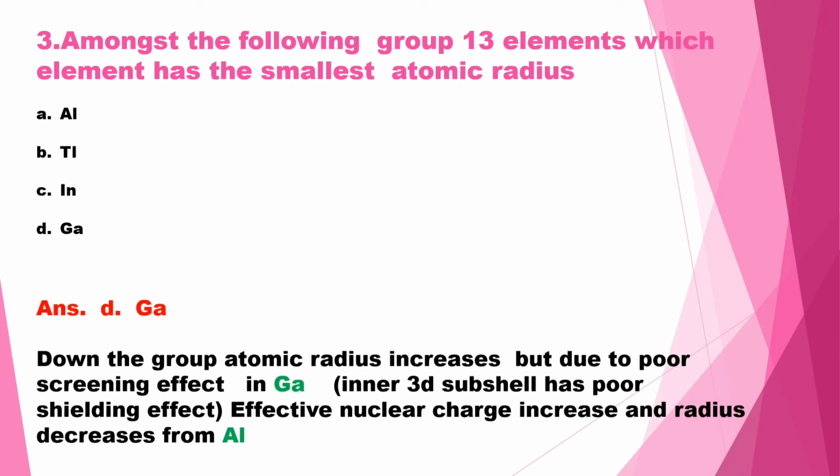Down the group atomic radius increases, but due to the poor screening effect in gallium, the inner 3d subshell has poor shielding effect, due to which effective nuclear charge increases and radius decreases from aluminium. So gallium has the least atomic size among the rest of the elements. So the correct option is D, gallium.